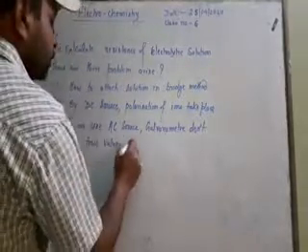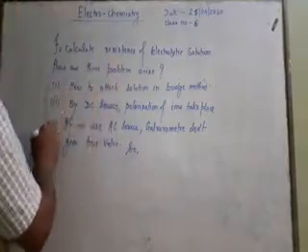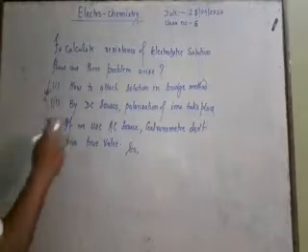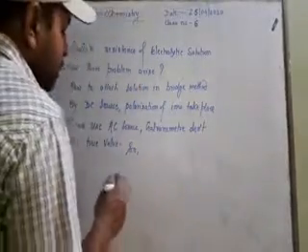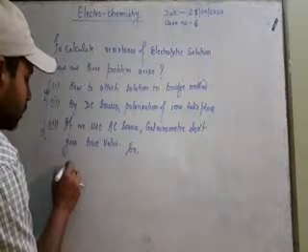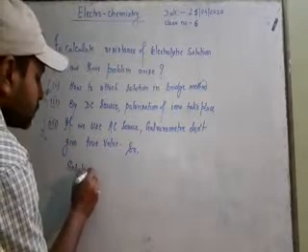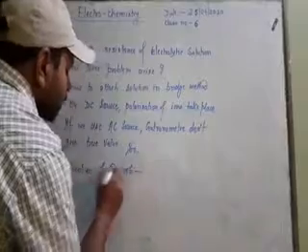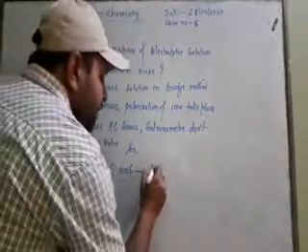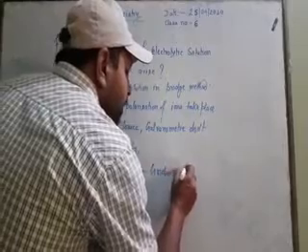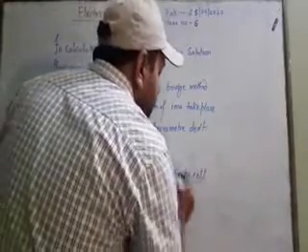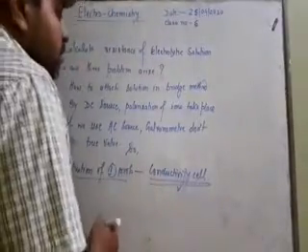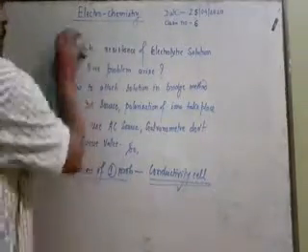So to resolve these problems, students, first of all, to resolve the first problem of how to attach the solution in the bridge method, the solution is the conductivity cell, in which the electrolytic solution is taken. Now students, what is a conductivity cell?